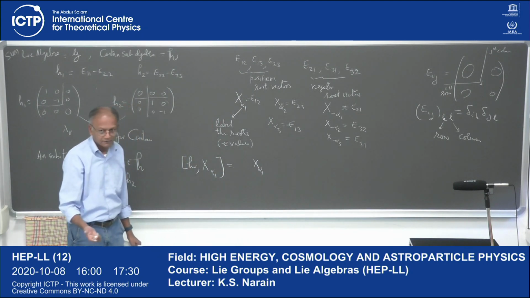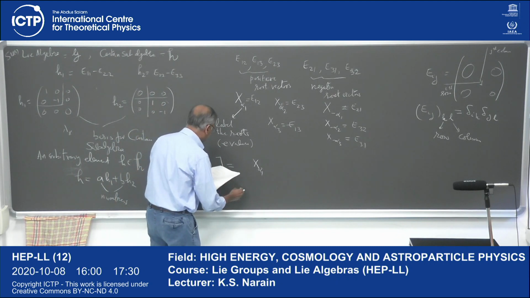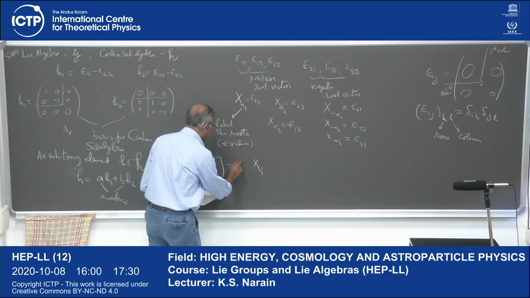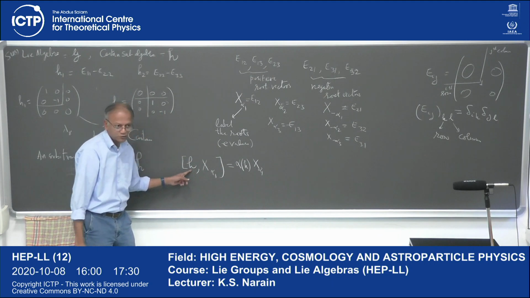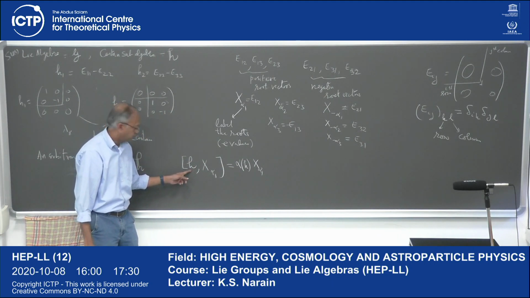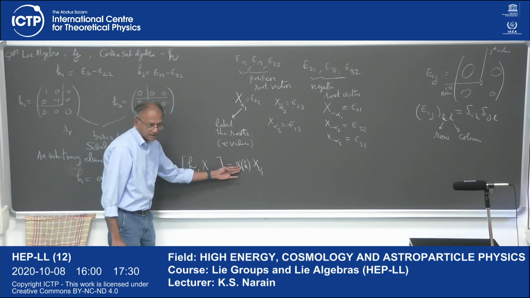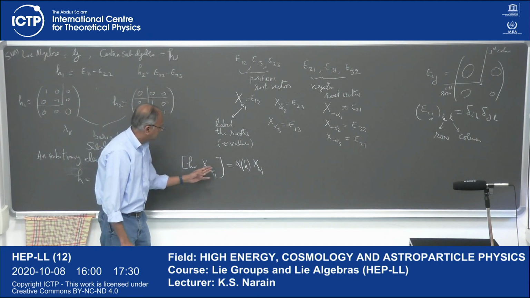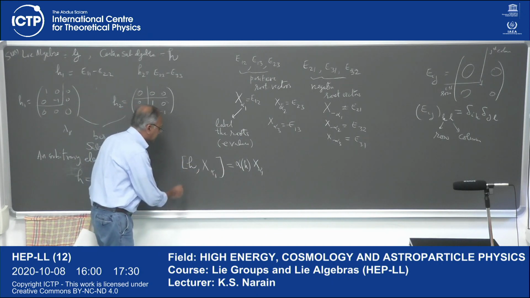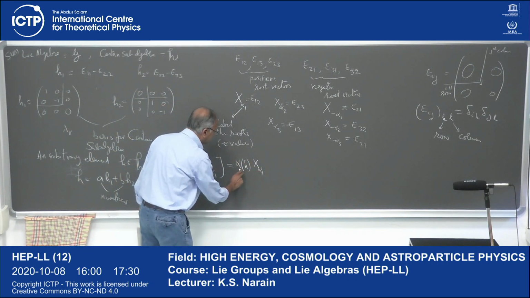That number will be the eigenvalue, and I will write it as alpha of H, because that number will depend on which H you chose. For example, if I had chosen H equal to H1, it will be some number. If I had chosen H2, it will be another number. So we want to find out what this alpha of H is.